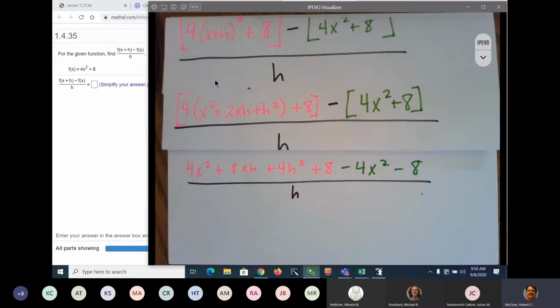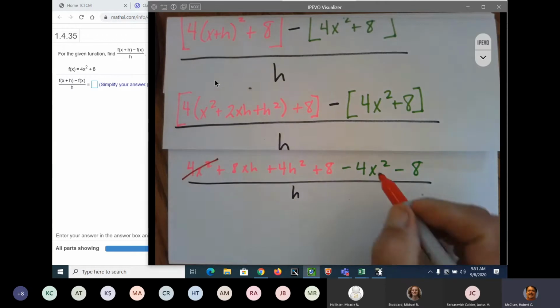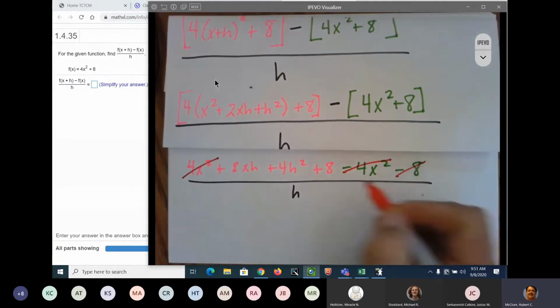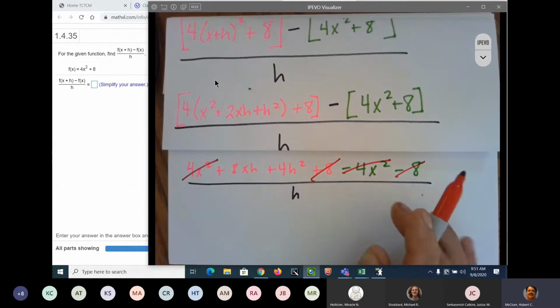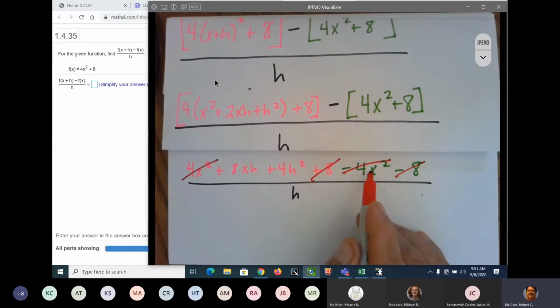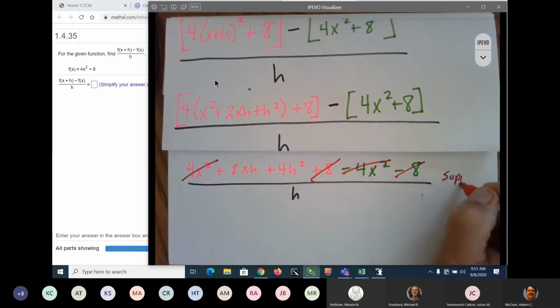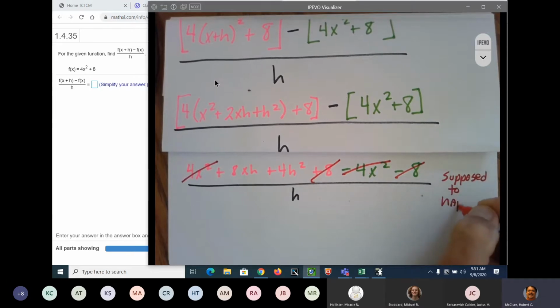Now, what's supposed to happen is your primary x terms should cancel. 4x squared cancels with that 4x squared, and 8 cancels with 8. Now, sometimes your whole numbers will cancel, sometimes they won't. But your x terms will cancel. That's supposed to happen.